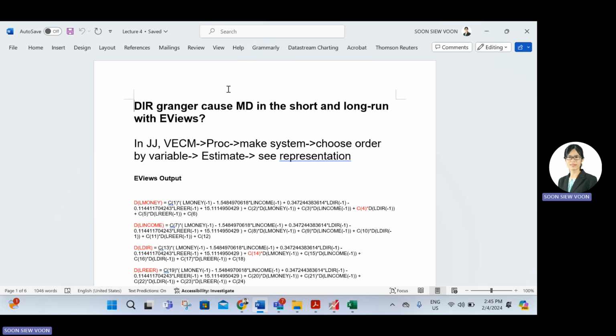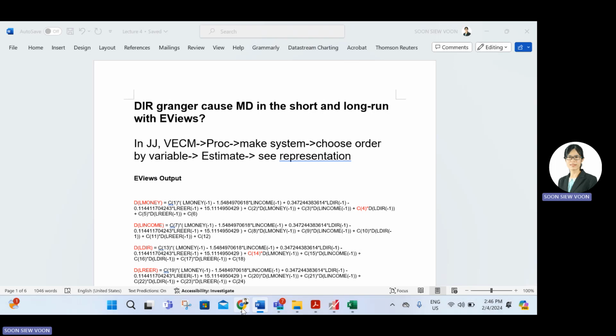Today we are going to use the Johansen and Juselius system to test Granger causality in the short run and also in the long run.